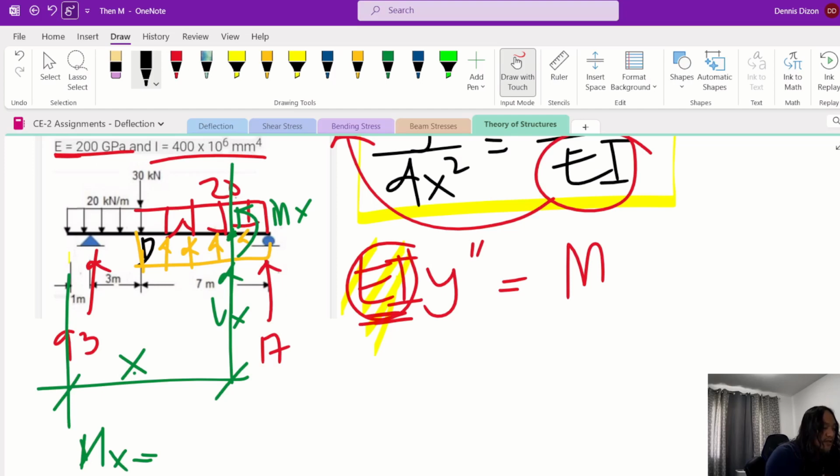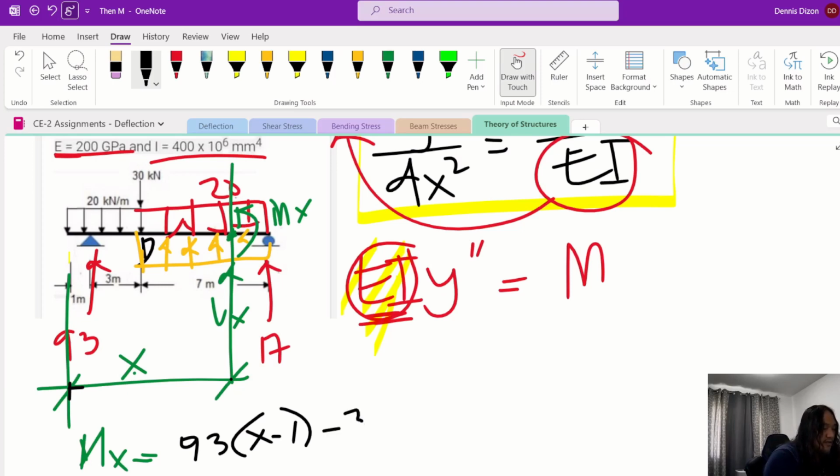So moment at X is equal to your RA, which is 93, and then your moment arm is, if the total distance from the free end to the point X is X, then your moment arm is X minus 1, right? So that's your clockwise movement. Now, your load is counterclockwise, so we will use minus.